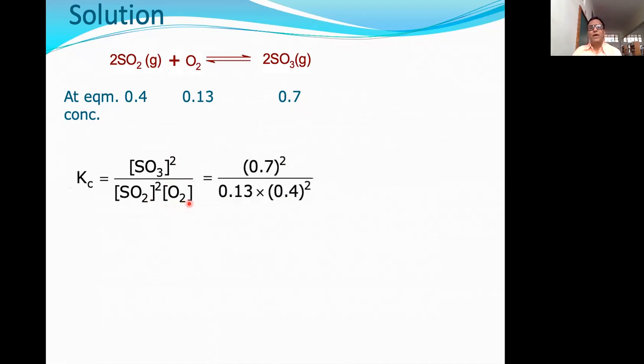By substituting the values of concentrations in this expression, it is equal to 0.7 square divided by 0.13 into 0.4 square. If you simplify this, you will get the answer 23.6. The answer is B, 23.6.